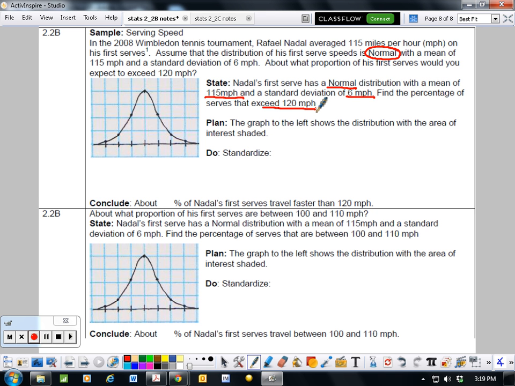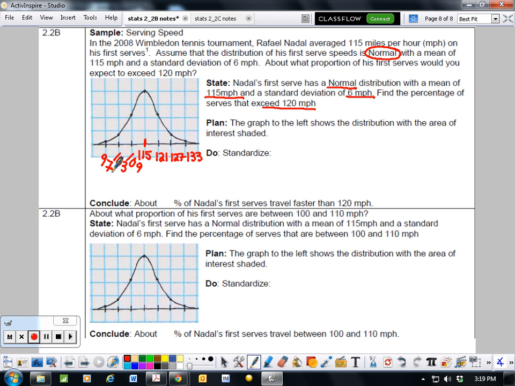The graph on the left is going to show our distribution with the area of interest shaded. So let's look. We have a mean of 115, and then we have a standard deviation of 6. So I'm going to go up 6 to 121, up 6 to 127, up 6 to 133, and then go down 6 to 109, 103, and then 97.